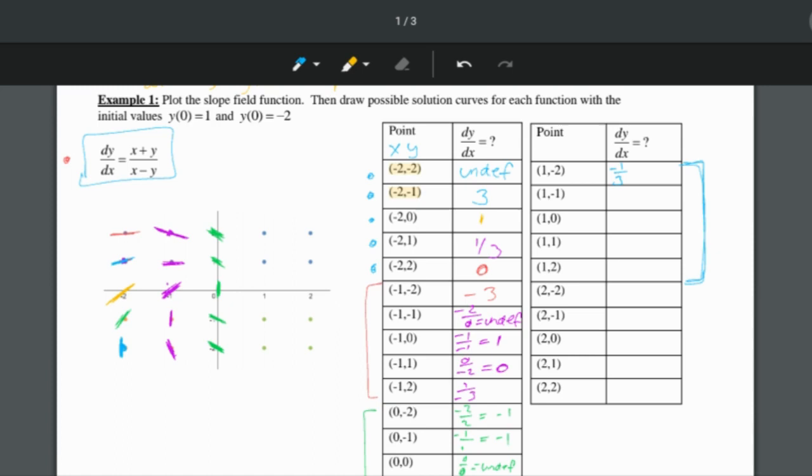So negative 1/3 probably looks something like this. I'm kind of thinking backwards. If we went up 3 over 1. Ooh, and I did that wrong. Scratch that. Let me erase that. Sorry, guys. I erased a few along with it.